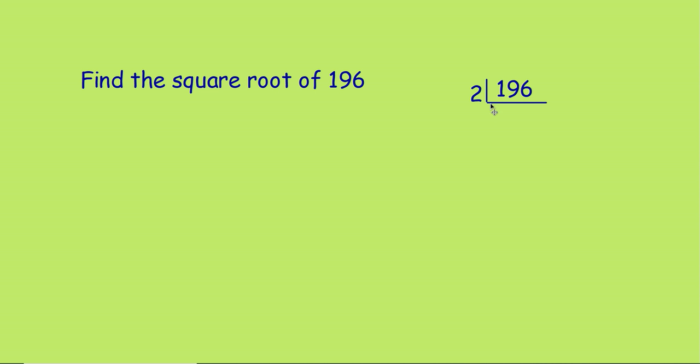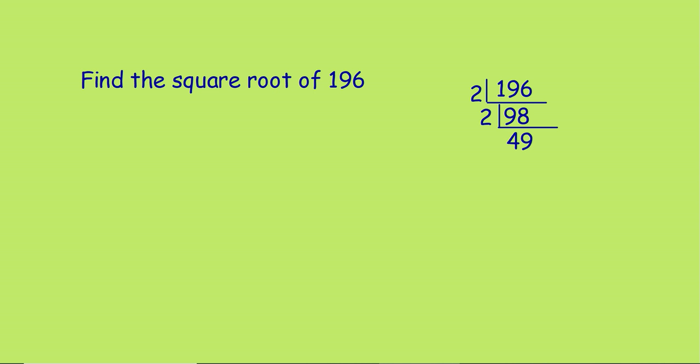Now let us find the square root of 196. Let us prime factorize 196. When you divide 196 by 2, you get 98. Then you can divide 98 by 2, you get 49.